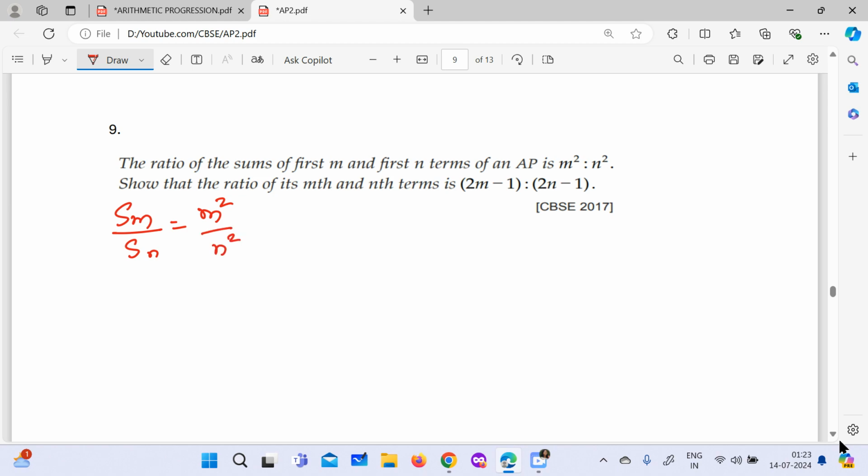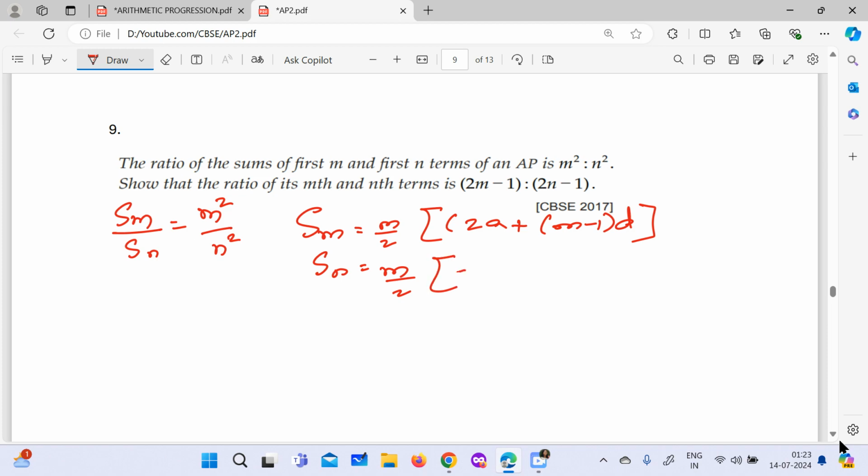Now let's see the ratio of the sums. The sum of first m terms will be m over 2, 2a plus (m minus 1) into d, and then the sum of first n terms, Sn, will be n over 2, 2a plus (n minus 1) times d.